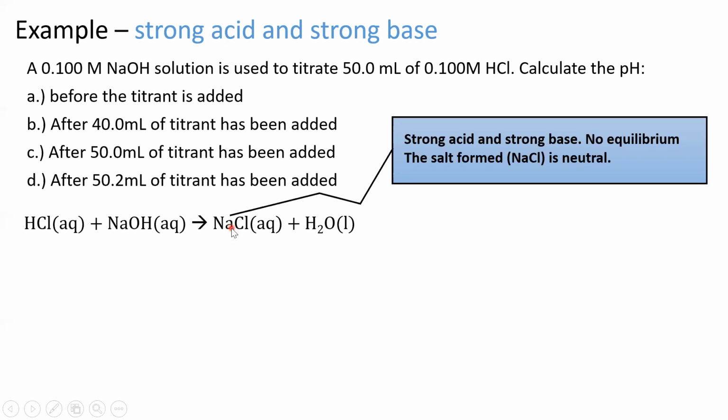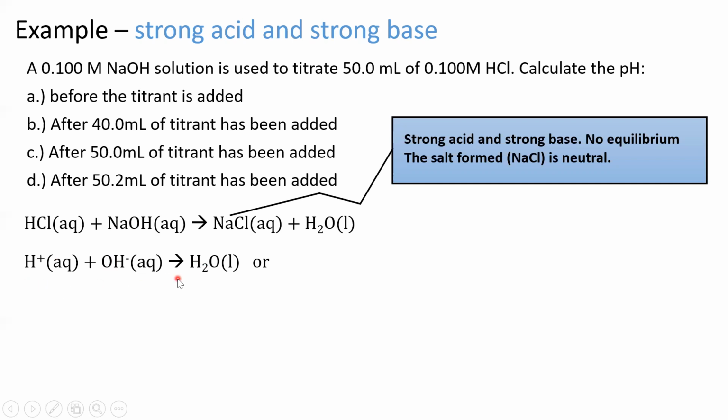And the sodium chloride that we produce is a salt. It's also a neutral salt. So what that means is the sodium ions and the chloride ions are going to be spectators. So really, when we look at a strong acid, strong base titration, it's the hydrogen ions from the strong acid reacting with the hydroxide ions from the strong base to produce water.